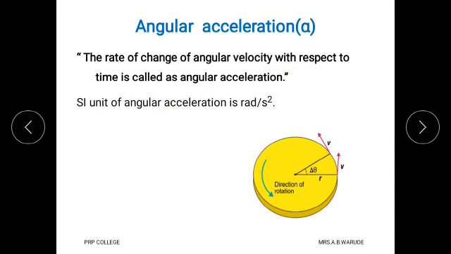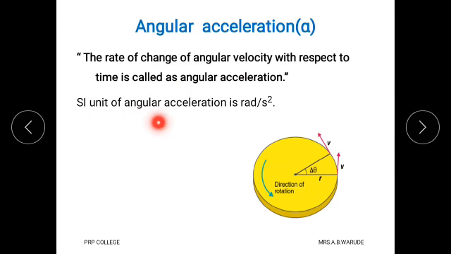The formula is written as alpha equals omega upon t, where alpha means angular acceleration and omega is angular velocity.